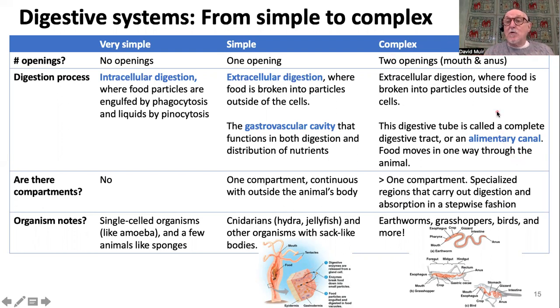So that is called a complete gut, and that's typical for all of the rest of the animals, from relatively simple invertebrates all the way through to the vertebrates, etc.